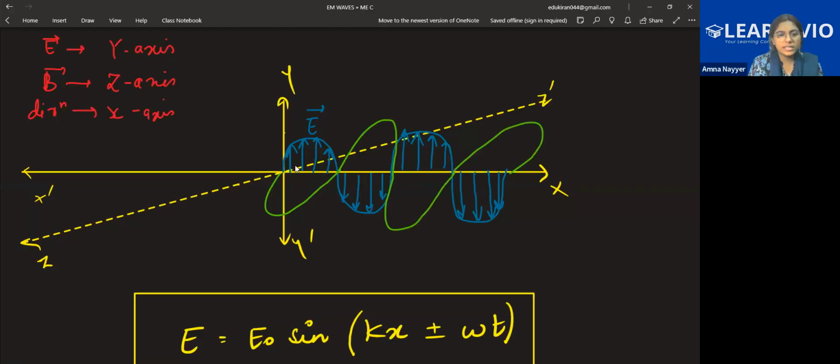Now how is the displacement of every particle occurring? Like this, perpendicular to the y-axis. Every particle is oscillating like this. This is going up for these along the z-axis.